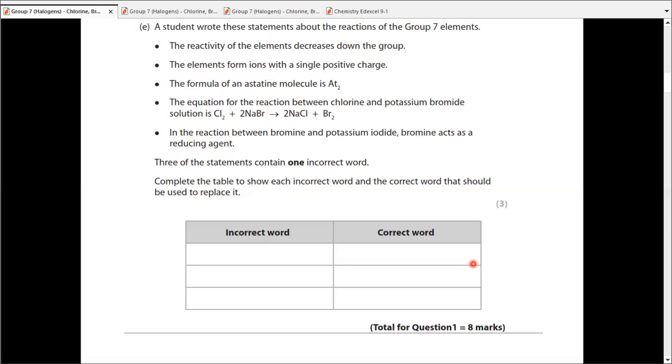Reducing agent means who pushes others to gain electrons and itself loses electrons. That's what reducing agent means. It does not by itself gain electrons. Actually, it itself loses electrons, and the other reactant reacting with it gains electrons.